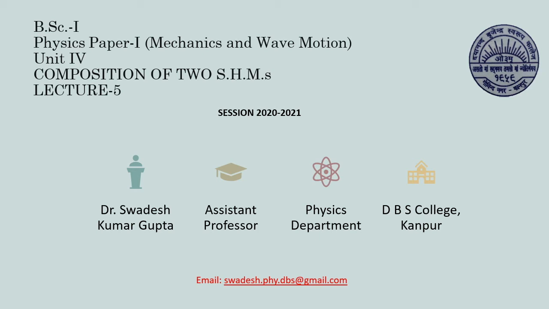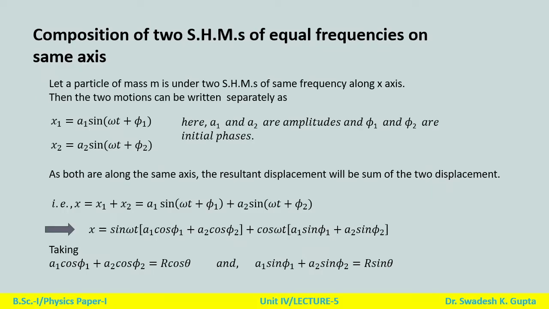Hello students, in this lecture I am talking about composition of two SHMs. So the first case is where the particle of mass m is under two simple harmonic motions of the same frequency and in the same axis.